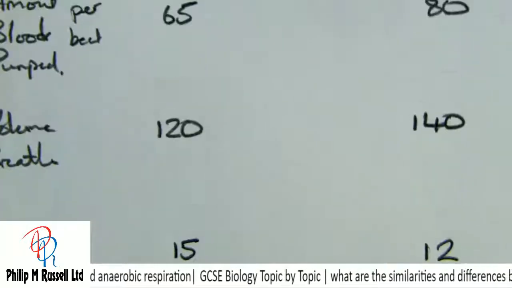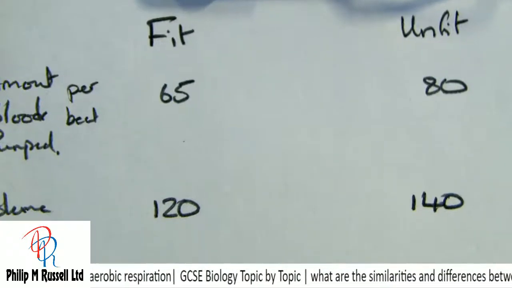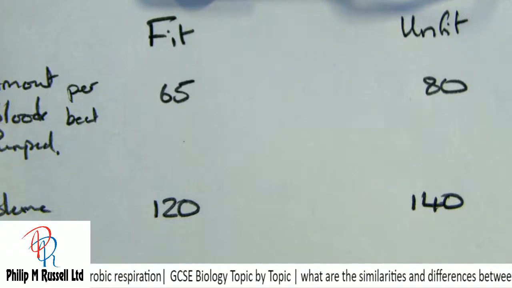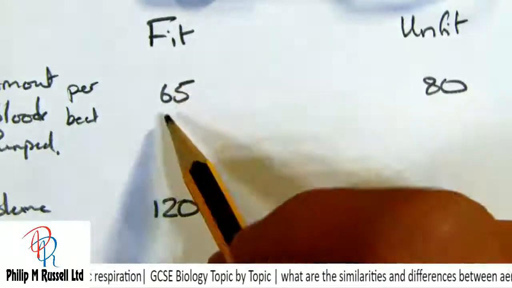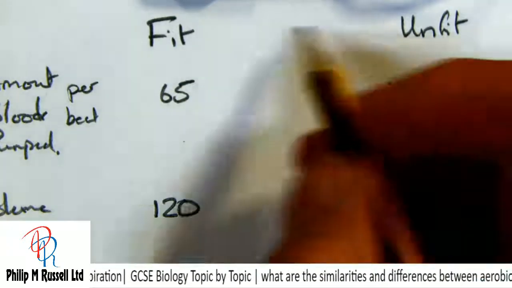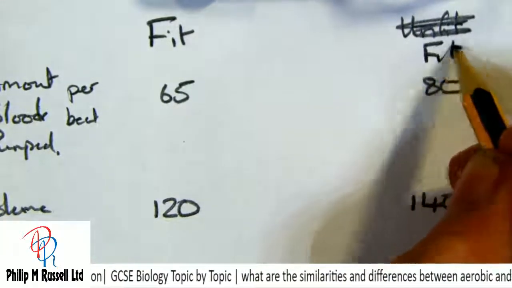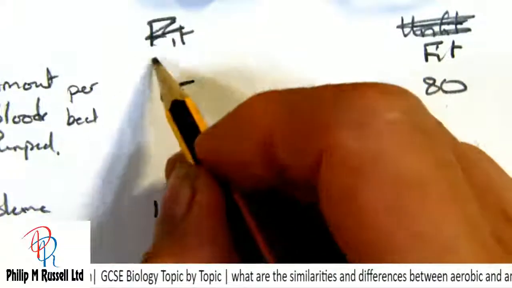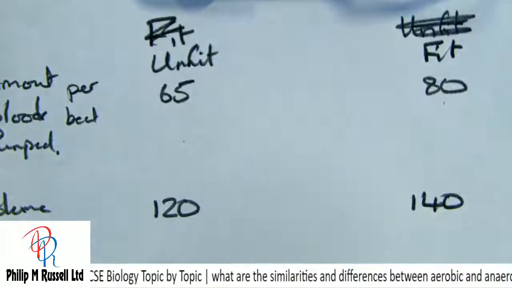Or could it be? You see, let's have a look. Does that make sense? The fit person has more blood, so this will be our fit person, and this will be our unfit.